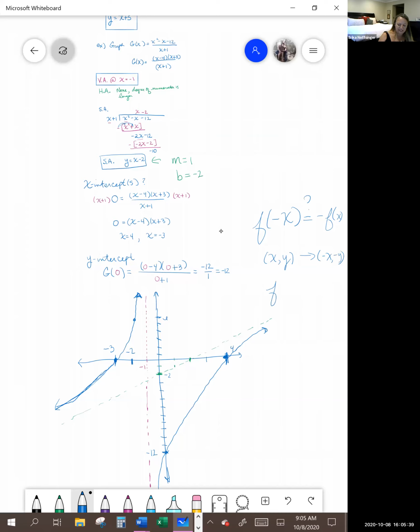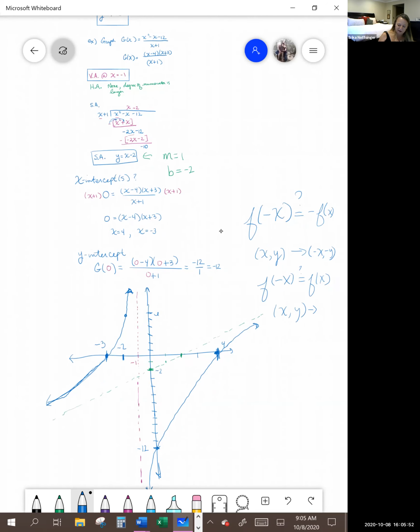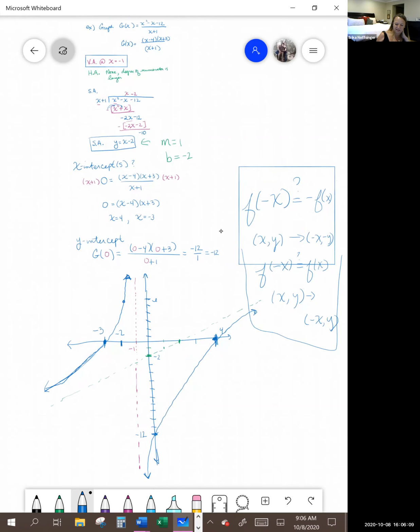Or I could see if it's even, does f of -x equal f of x? If so, it's even, and so if I have x, y on the graph, then also -x, y is a point. So we could look at even and odd to get additional points. But I don't think that this function is either even or odd. It's not.